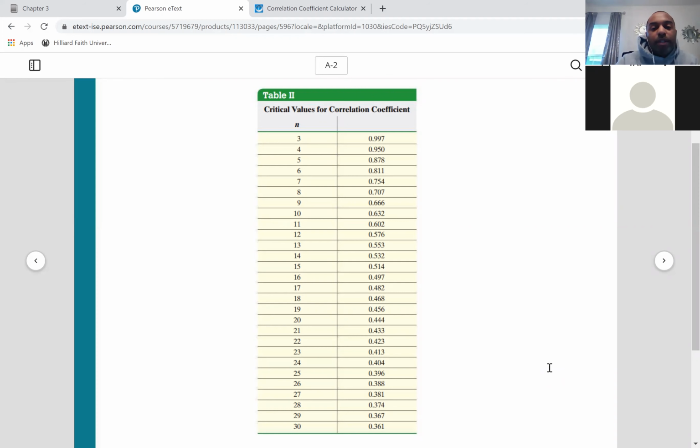Whatever your sample size is, from 3 to 30, they give you a value for it. So we got 0.707 from the chart.